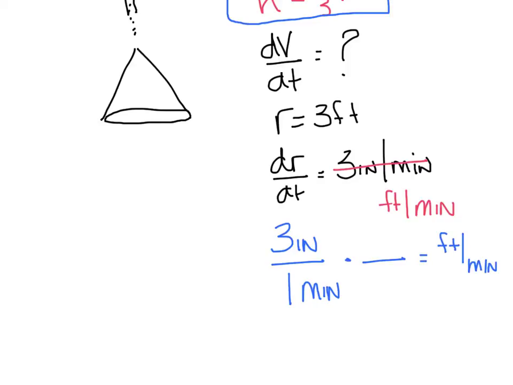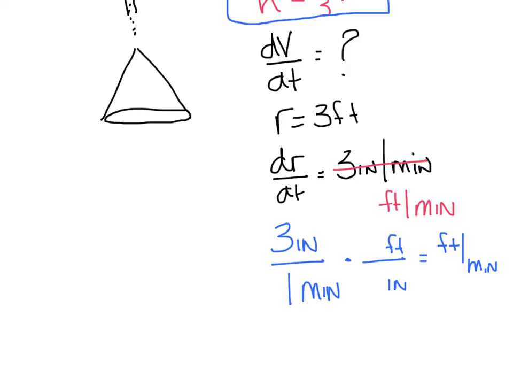I want feet per minute in the end, so I'm saying 3 inches per minute, that's the ratio that's given, times what over what will get me feet per minute. Basically I need to get rid of inches, so I know I need inches on the bottom and feet on top. Would you agree with that? Then my inches cancel and I get feet per minute.